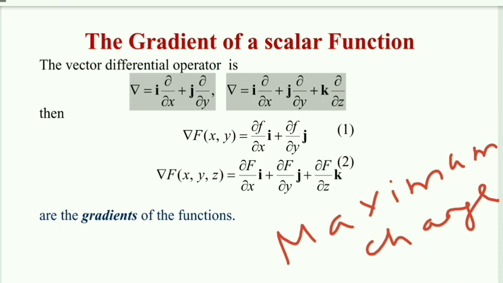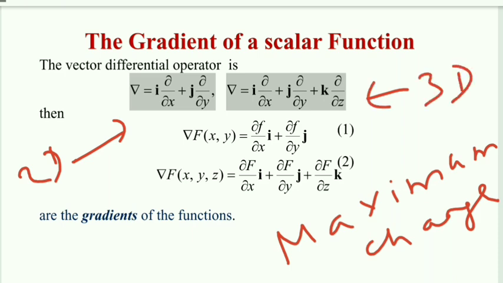If you want to find where the maximum rate of change of any scalar is, we use the gradient operator. We know the vector differential operator del is i into dou by dou x plus j into dou by dou y for 2 dimensions, and del is equal to i into dou by dou x plus j into dou by dou y plus k into dou by dou z for 3 dimensions.